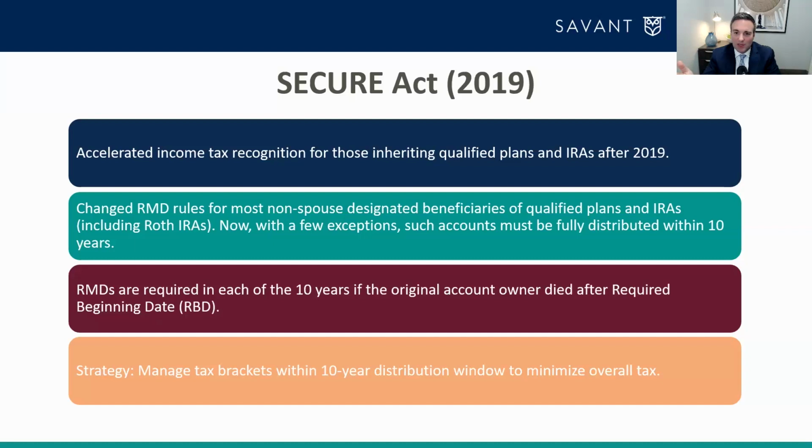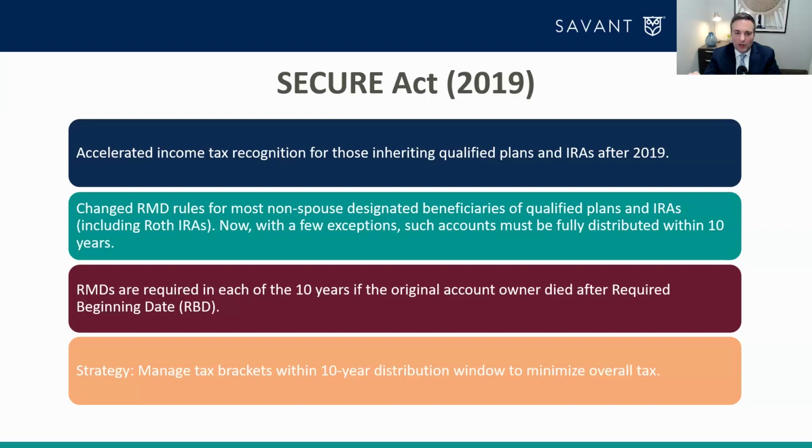And this was a big question when the Secure Act was passed: okay, we know we have this 10-year window to work around, but is there a required distribution in each of the 10 years? And thankfully, the Treasury has given us some guidance in the form of final regulations.